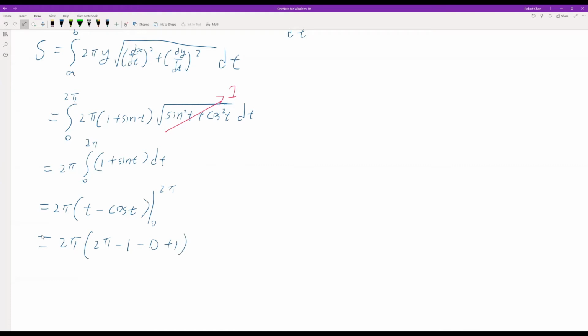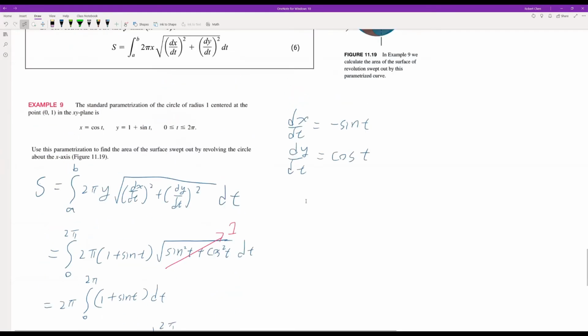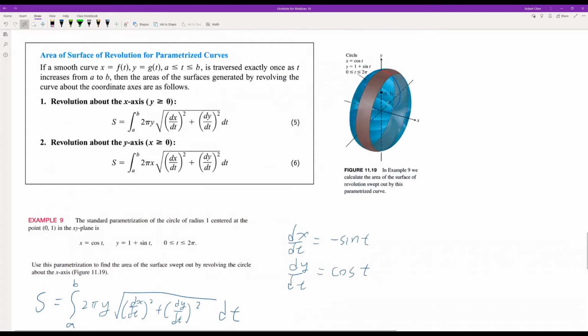So the 1s cancel out. That will be 4 pi squared, which is the area of the surface of revolution when you rotate a circle. It will look like a donut, except the donut hole in the middle is really just a point as you're going in towards the center.